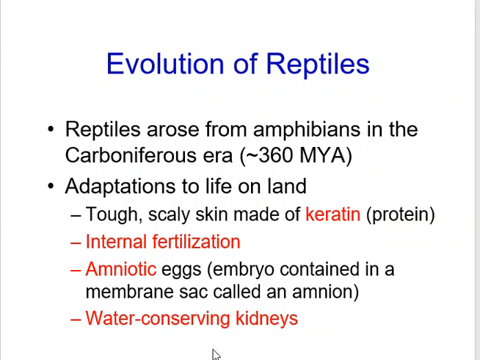The other characteristic that reptiles evolve is also water conserving kidneys. They can conserve a lot of water, and again, that's important because if you stay away for many hours from a body of water, it's a very important feature to carry.